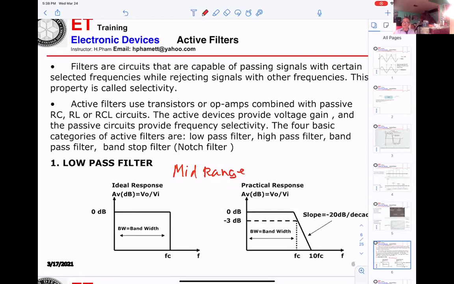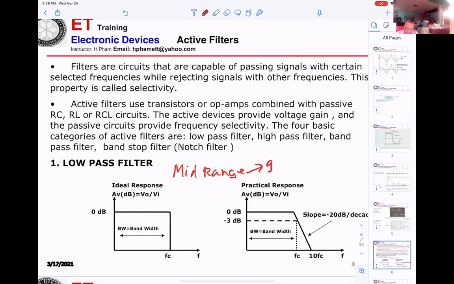No, the signal is allowed to pass at mid-range. What is the gain there? Is the gain 1? Exactly.